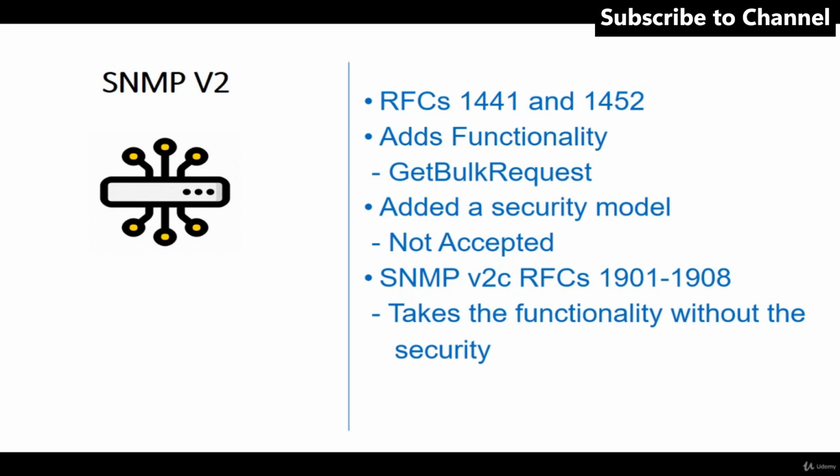And modern Windows does not install SNMP by default. You have to install it manually, and they prefer you to use WMI for management, which I'm going to demonstrate and show you how you can use WMI in Windows.